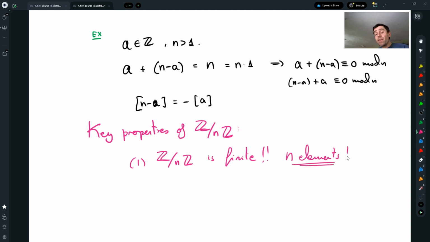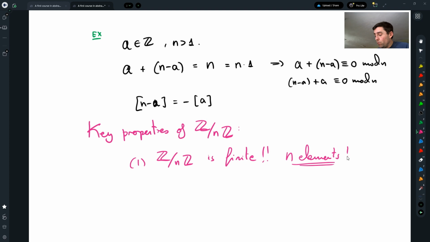So unlike the integers, which are infinite, Z modulo nZ is finite, and finiteness is wonderful, because if you're trying to do operations with the integers in a computer, soon enough we run out of memory when the integers become larger and larger and larger. However, since Z modulo nZ is finite, every operation stays within this finite set of numbers.